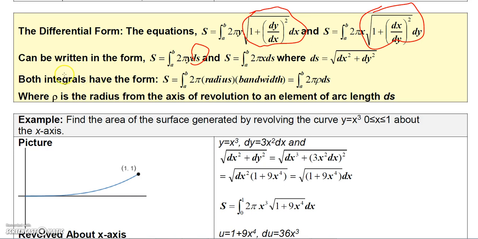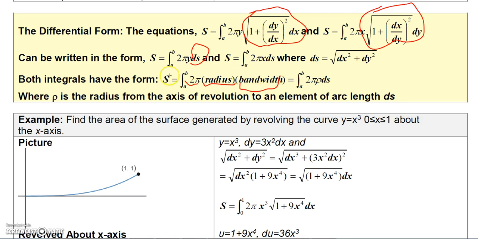And if you think about it, both integrals are in the form of 2 pi times the radius of the solid of revolution, and then times the bandwidth of the solid.